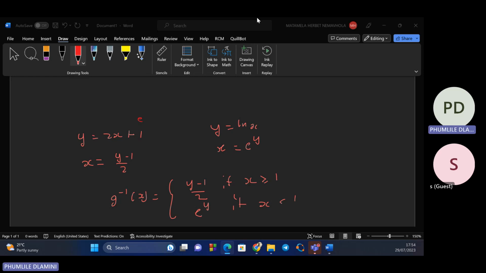In our case, we were dealing with x less than 1, so this is less than 2. So the steps won't be the same as ours. That's why it says there is no inverse.